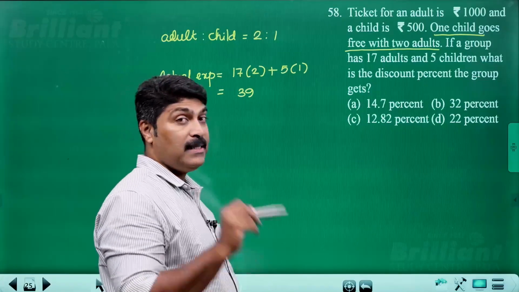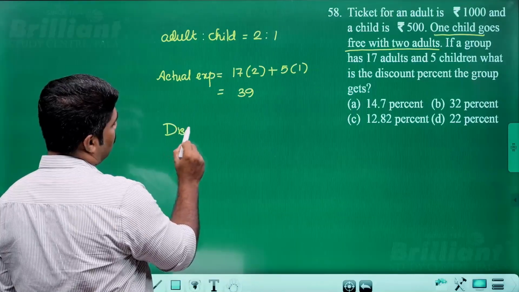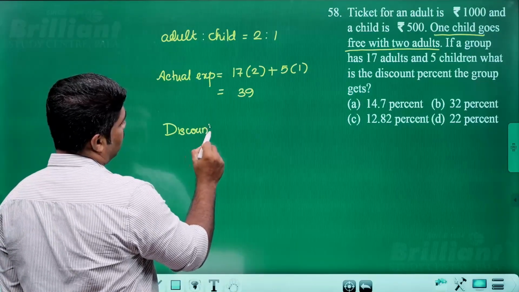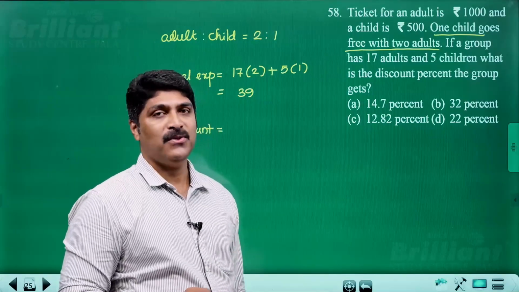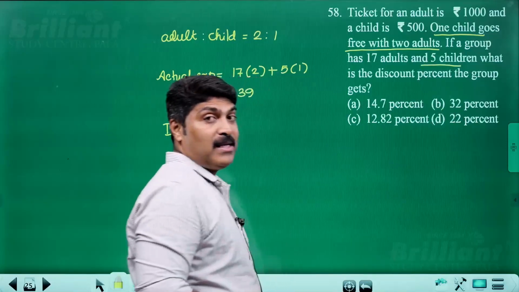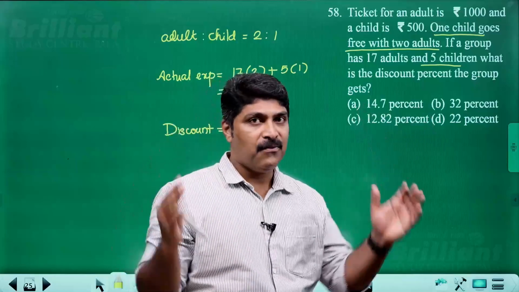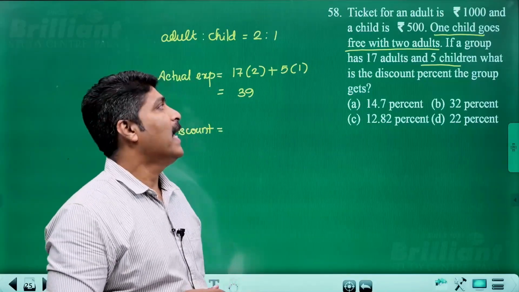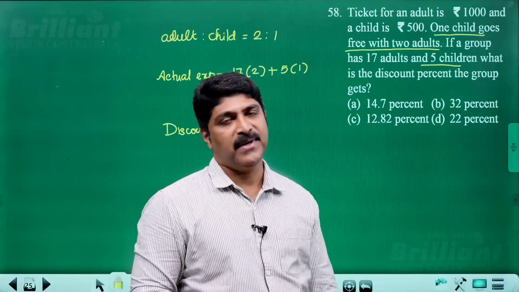And here the discount that we have to consider. What is the discount they enjoyed? So here, one child goes free with 2 adults. Here we have 5 children. If there were 10 adults, then also these 5 children would get a free entry. Here, 17 adults, that means we have an adequate number of adults.